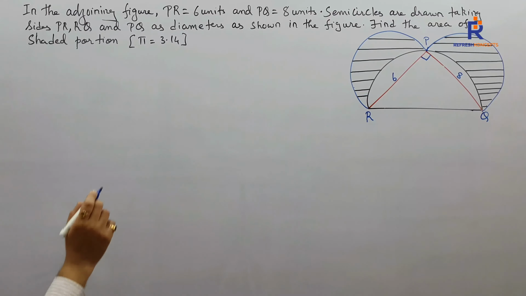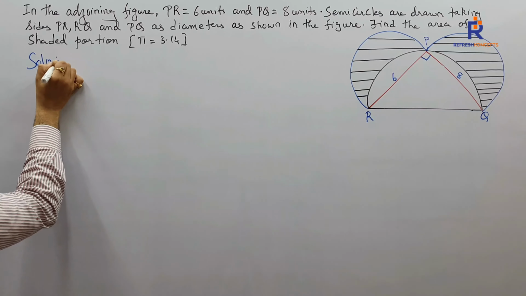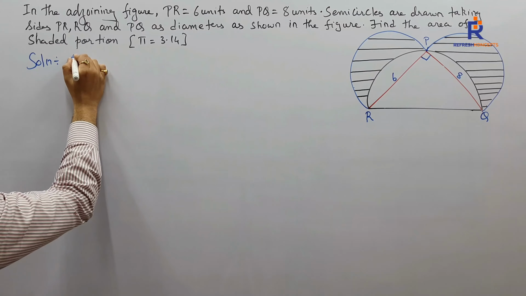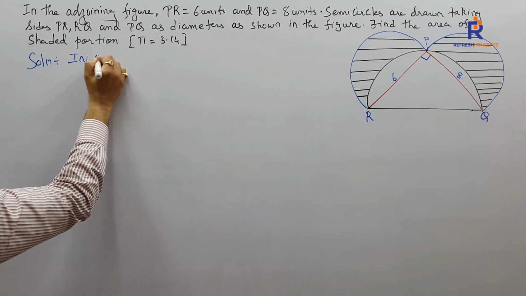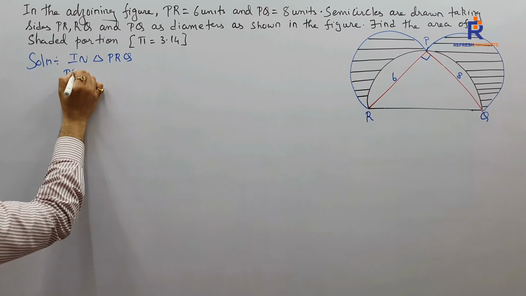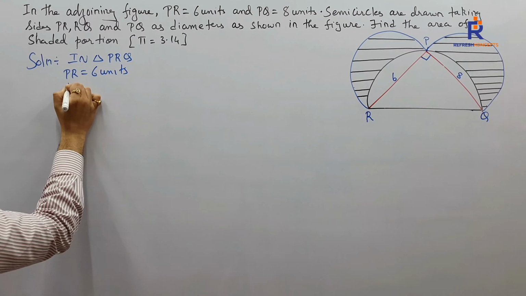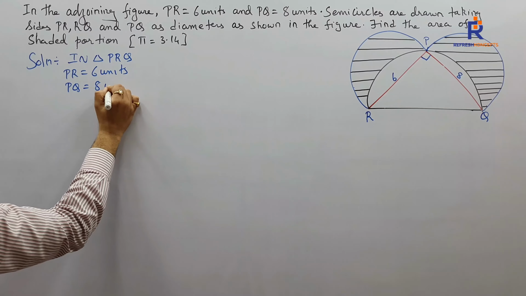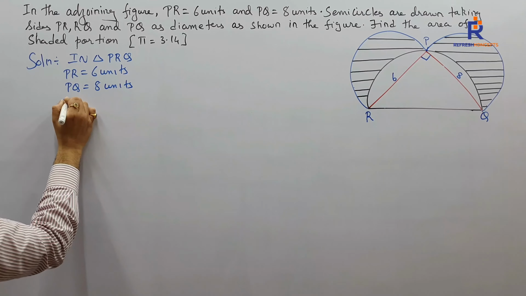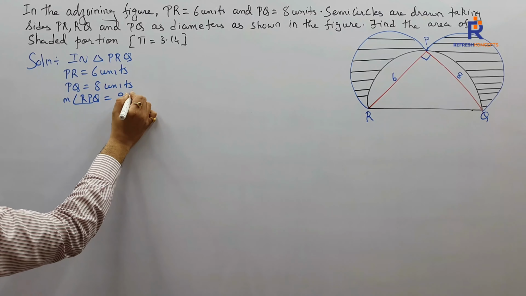Go step by step. In triangle PRQ, how much is PR? PR is 6 units. How much is PQ? PQ is 8 units. Measure of angle RPQ is 90 degrees.